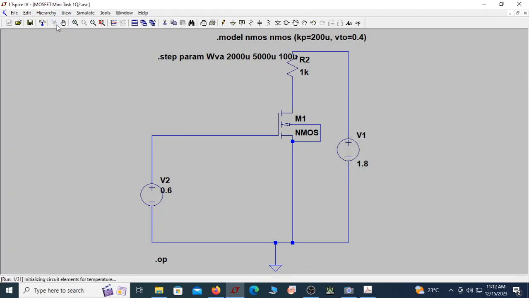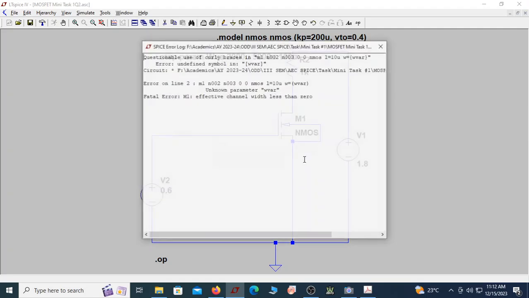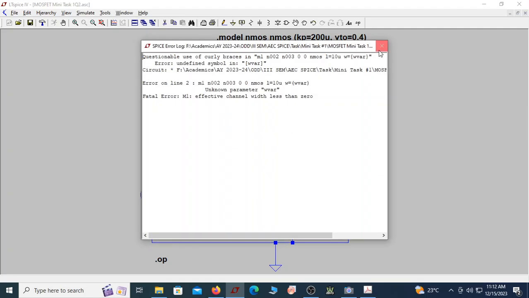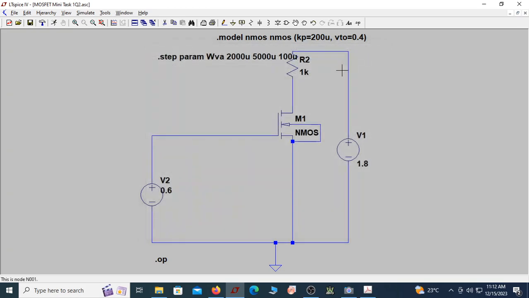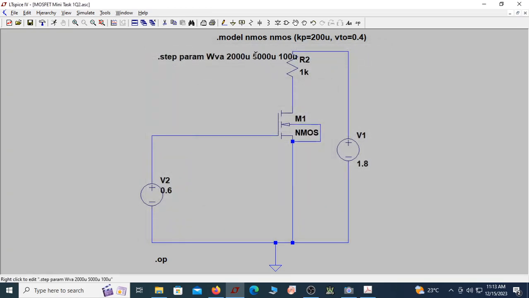If I run, okay, let me check what the issue is. This is fine. Let me undo here, F9.